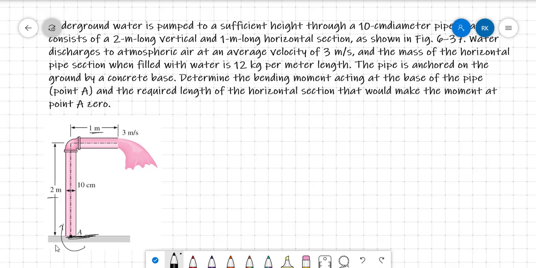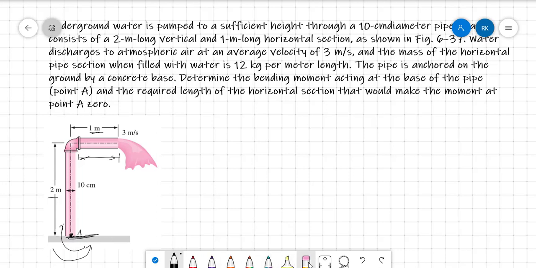Is it in this direction, clockwise or anti-clockwise, and also we need to find the magnitude of the moment, and we need to find the required length of horizontal section. So how much this length of horizontal section should be maintained, so that the resisting moment here will be 0.